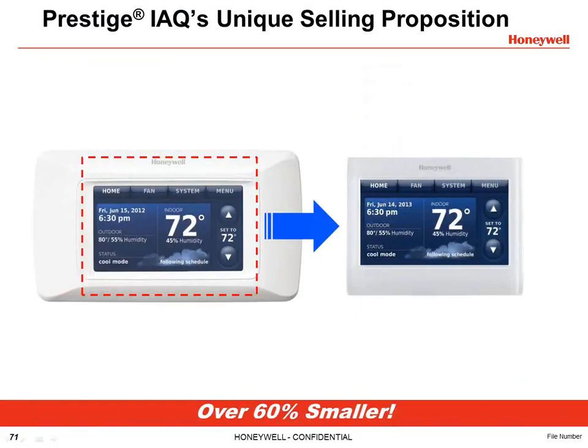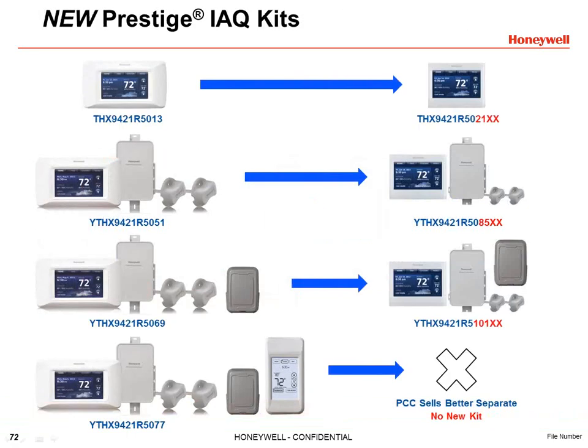And when you're comparing this to the older Prestige, it's quite a bit smaller, but the screen is the same size, if not larger. So smaller thermostat with a larger screen, very similar to what's happening with the smartphones. It looks much nicer.